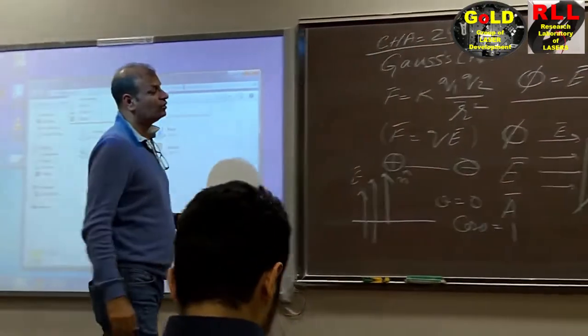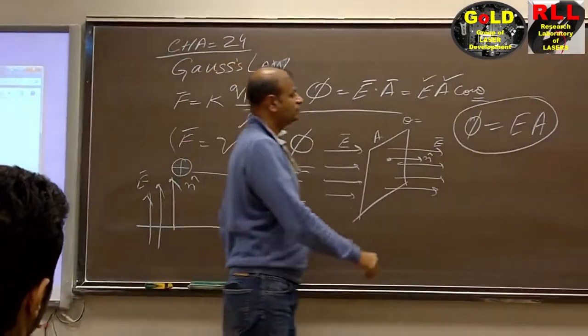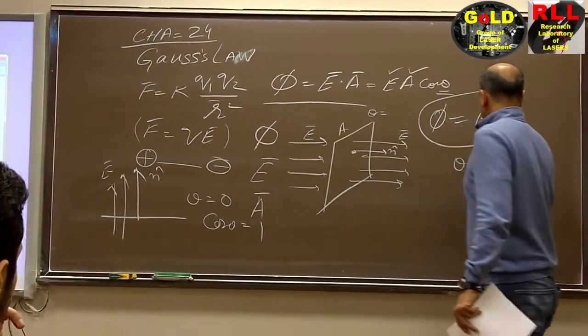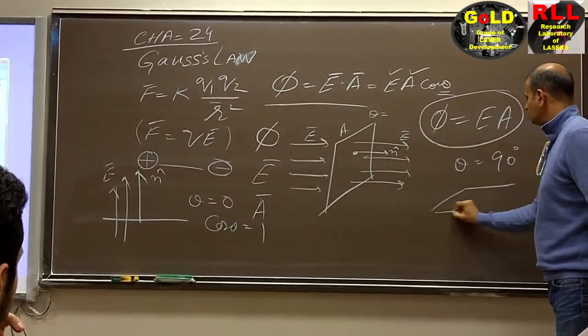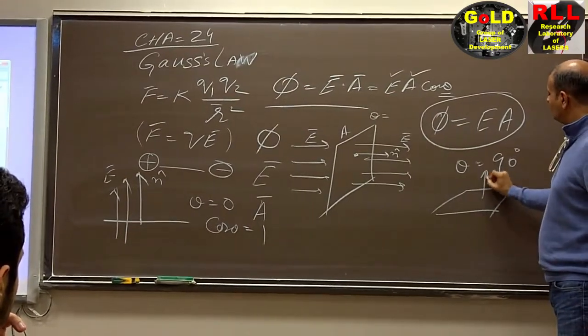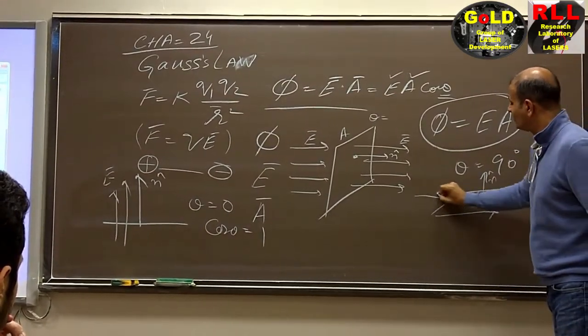Now, if you have theta 90 degrees, this is your N and this is your electric field.